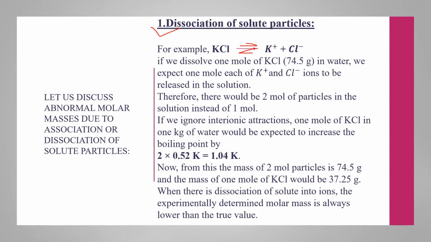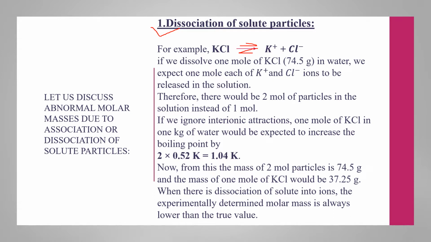If we dissolve 1 mole of KCl, 1 mole of KCl contains 74.5 gram, since the formula mass of KCl is 74.5 gram. Here KCl is an ionic compound, that's why we say formula mass instead of molecular mass.